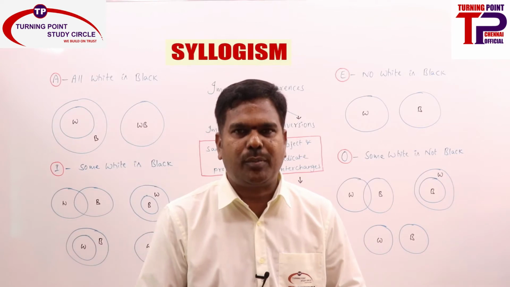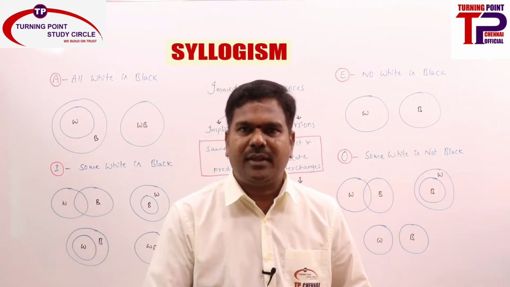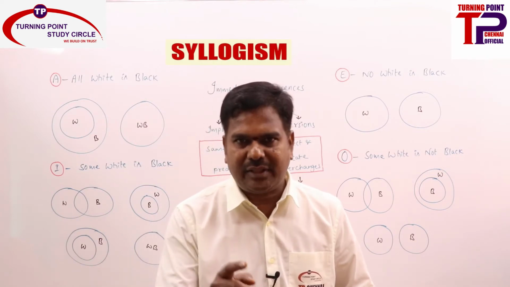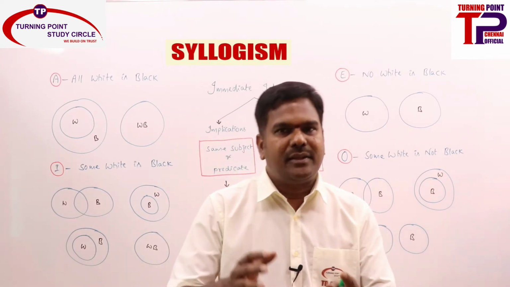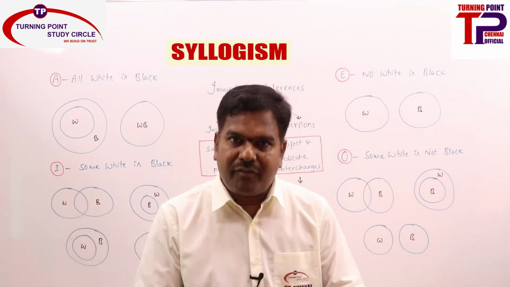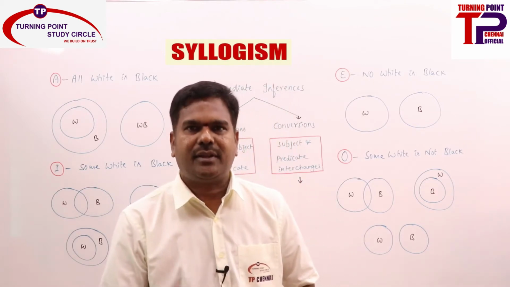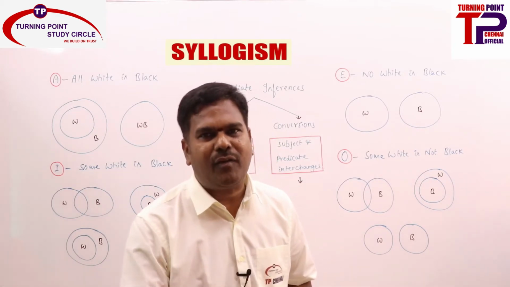So in universal positive propositions, the entire subject will be considered in a positive sense. Example: all white is black, and it is represented with A, already we discussed. Universal negative propositions are represented with E, where the entire subject will be considered in a negative sense. That is the reason it starts with no, and the example is no white is black.